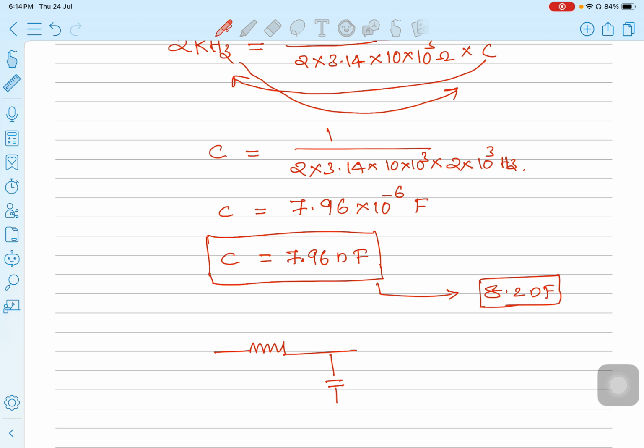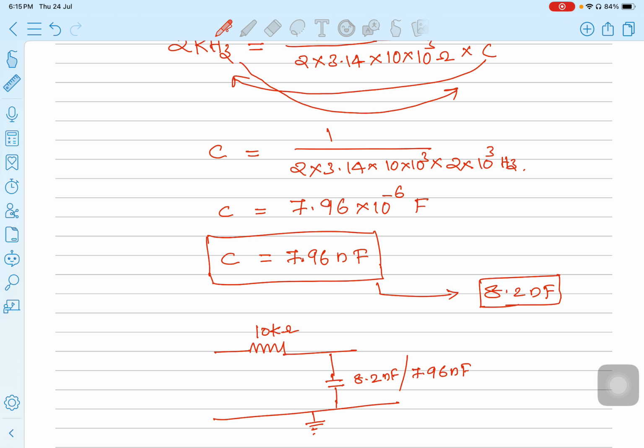Once you draw this, you put your resistance value equal to 10 kilo ohm, which is the value you assumed, and the value you got for the capacitor is 8.2 nanofarad, the nearest value, or else you can write 7.96. But in the laboratory it is 8.2 nanofarad. So either you write the laboratory value available, or the calculated value 7.96 nanofarad.